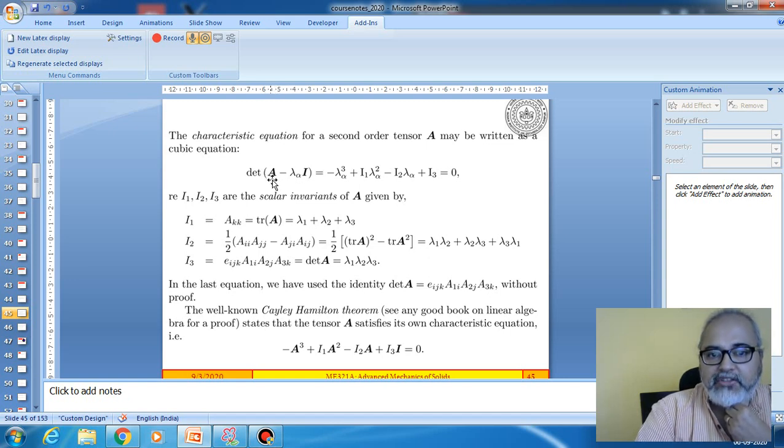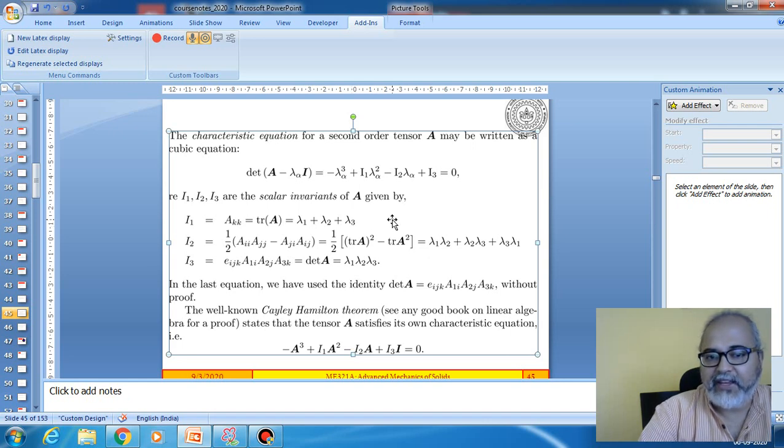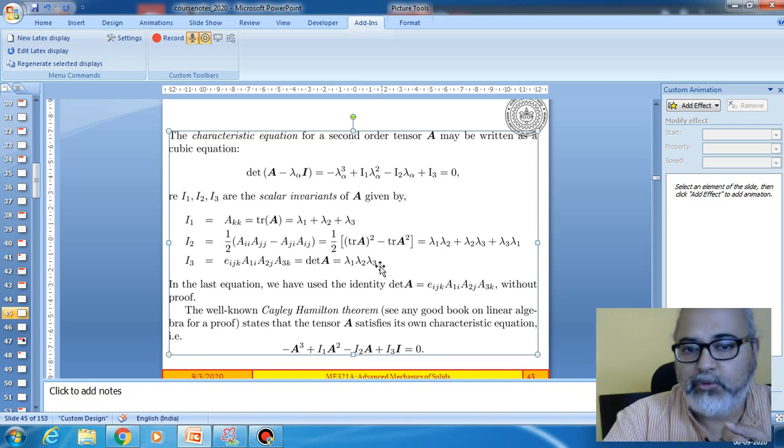The components of A in the space spanned by its normalized eigenvectors form a diagonal matrix, and the diagonal quantities are its eigenvalues lambda 1, lambda 2, lambda 3. So trace would also be lambda 1 plus lambda 2 plus lambda 3 in that coordinate system, and since trace is invariant, it would be lambda 1 plus lambda 2 plus lambda 3 in any coordinate system. Okay, and I2 will be this in any coordinate system, I3 would be this in any coordinate system.